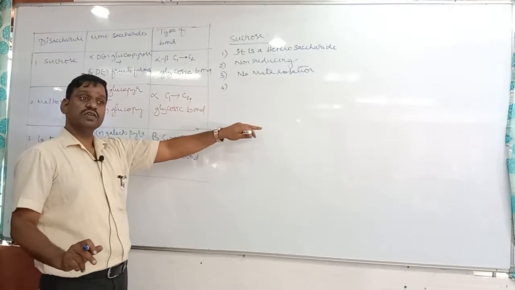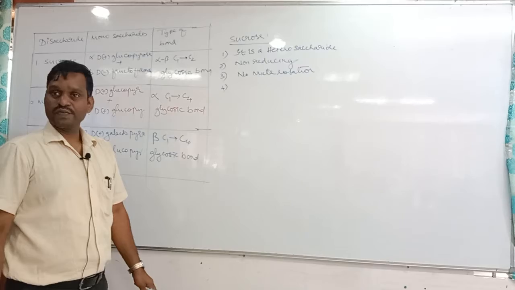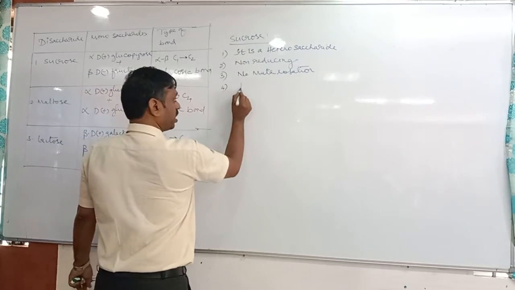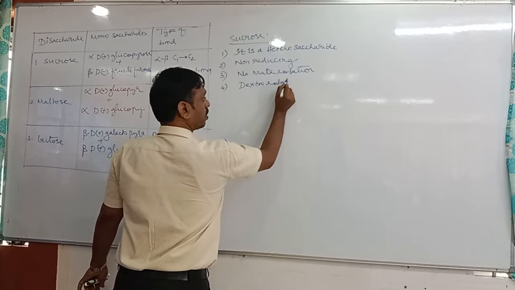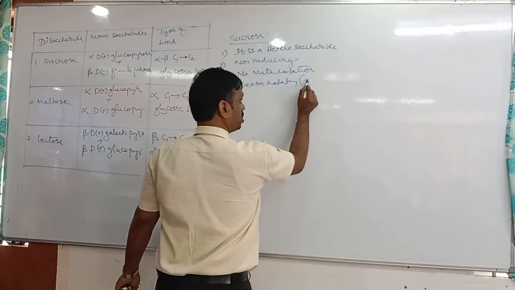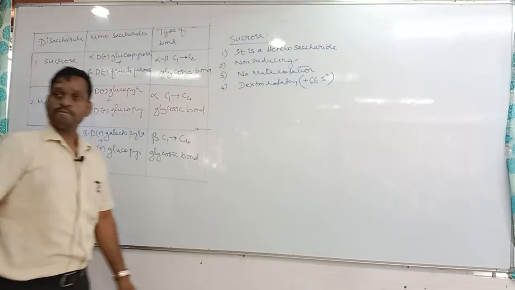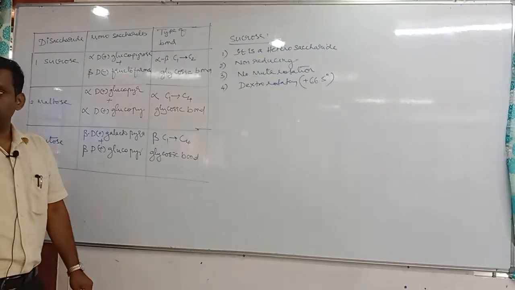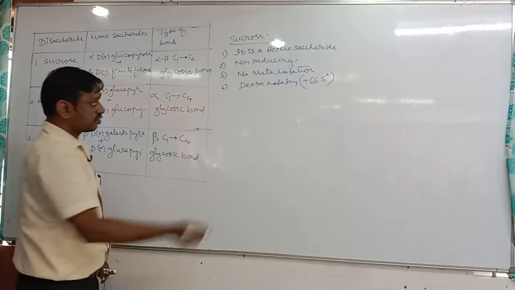But when it comes to sucrose, sucrose is dextro only. So sucrose is dextrorotatory. Its rotation is plus 66.5 degrees.